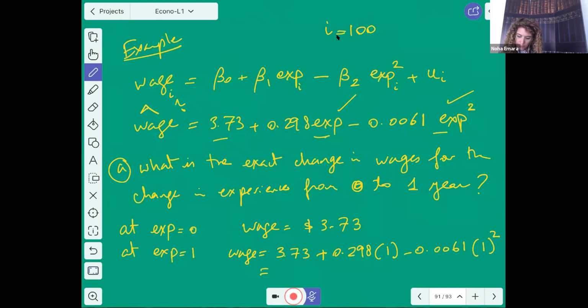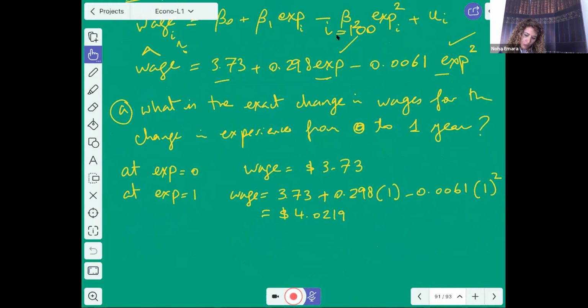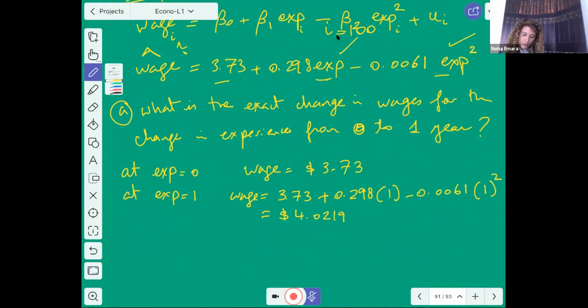The number that you will get is 4.0219. This tells me that a person with 1 year of experience has a wage of $4.0219. Remember, the question is about the change, not the absolute number.